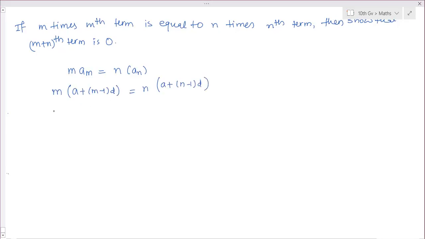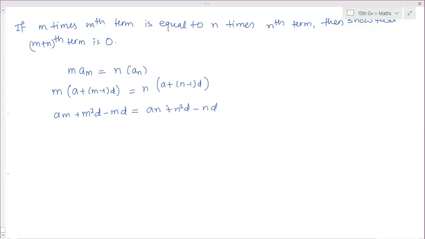Can you multiply inside? You have to open the bracket by multiplying. am plus m square d minus md is equal to an plus n square d minus nd. You have to multiply with d also and you have to multiply with n also.